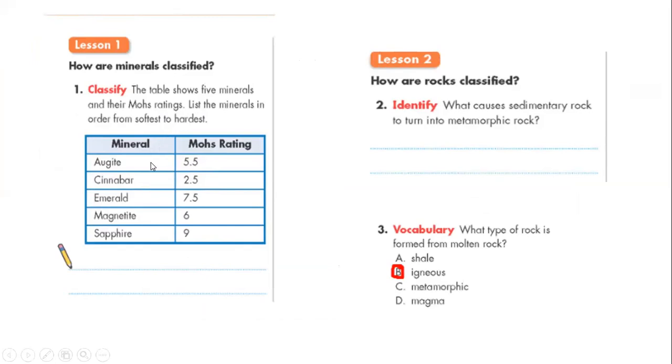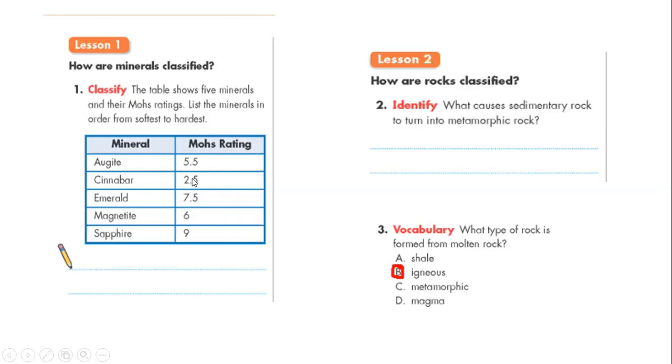Mohs rating, I will remind you. Do you remember when we studied the Mohs rating for the minerals, ordered from softest to hardest mineral according to this number? Iodite, cinnabar, emerald, magnetite, sapphire.